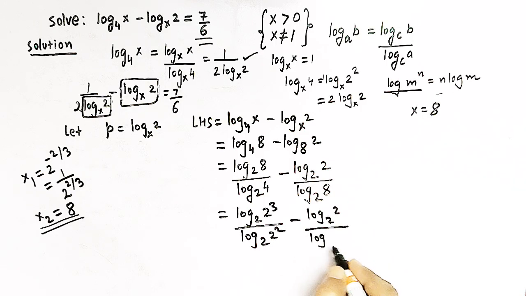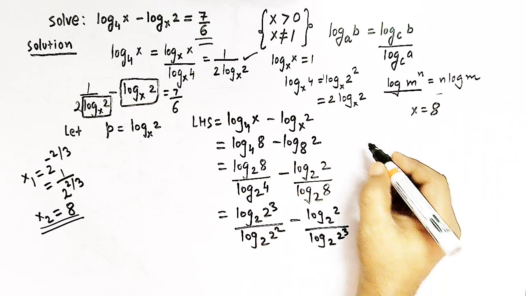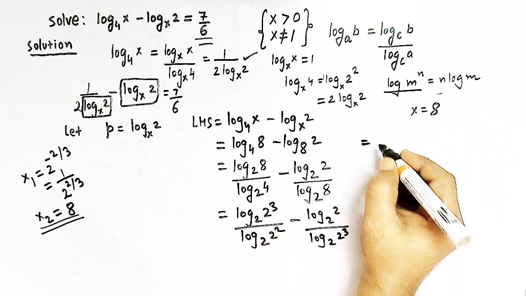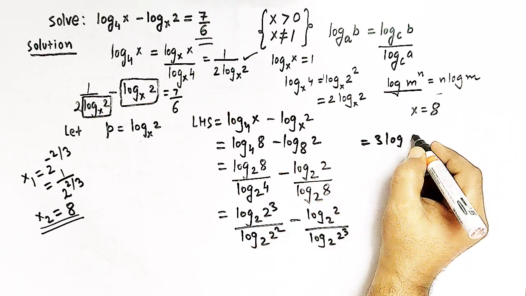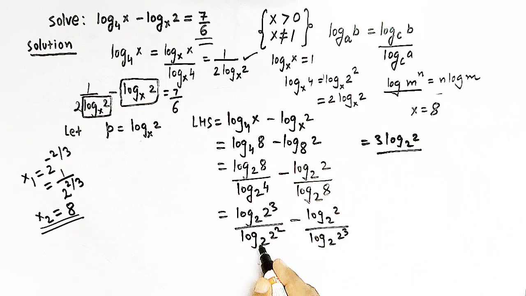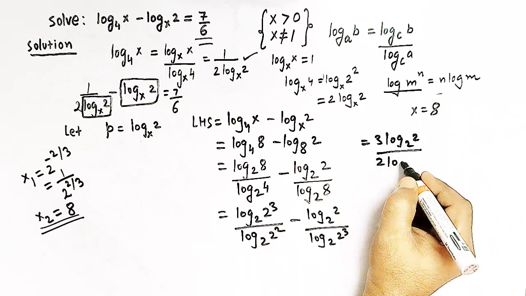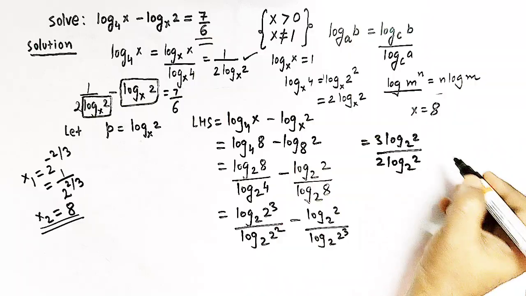Here we have log 2 cube to the base 2. So now here we have 3 log 2 to the base 2. Here we have 2 times log of 2 to the base 2.